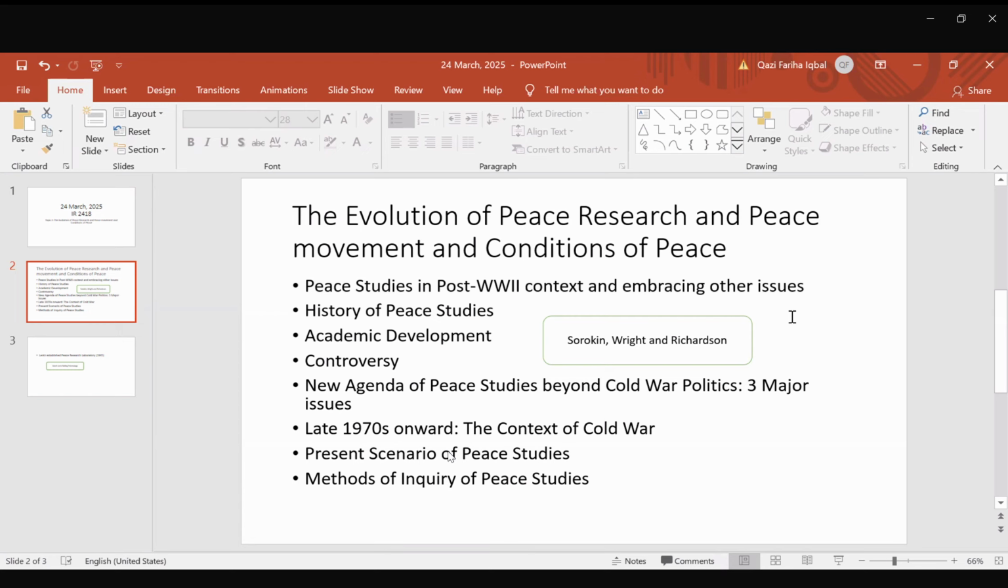So certain radical peace researchers commented, considering the context of the Vietnam War, that injustices were such that there could be occasions when violence could be justified in the pursuit of justice.